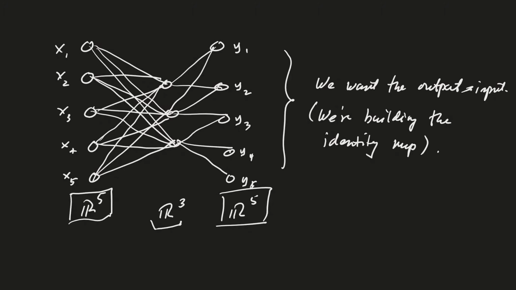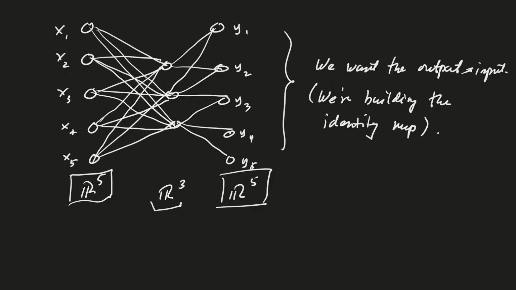What makes the problem non-trivial is that you're typically doing a compression: you compress the information to a lower dimensional space and then uncompress it on the other side.